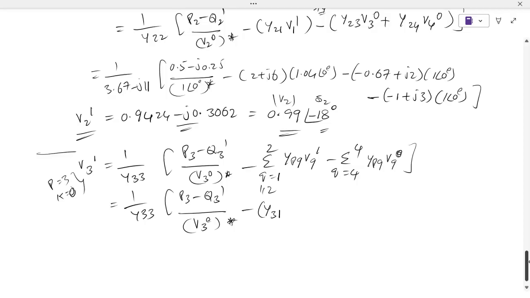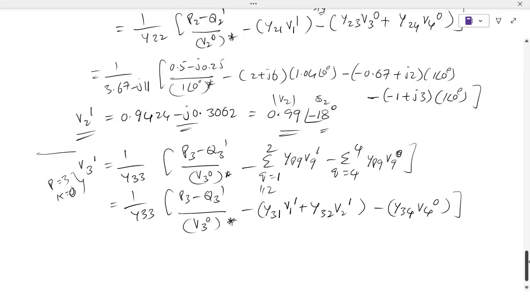Y31, because P is equal to 3. Y31, first we are substituting V1(1), plus Y32 V2(1), minus, here Q is equal to 4 to 4, only one term we will get, that is Y34 V4(0).